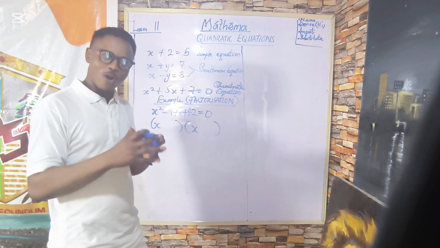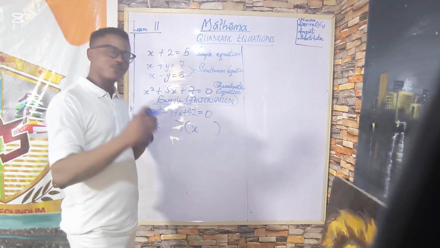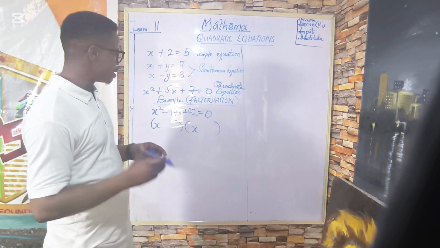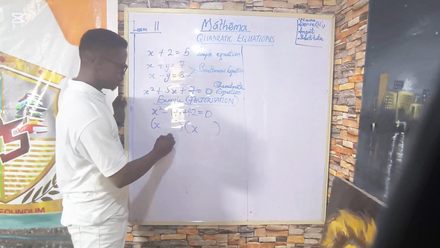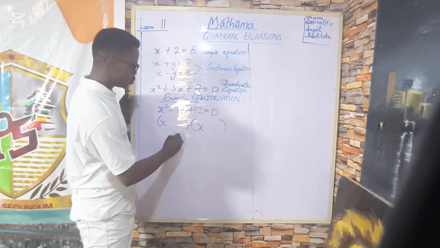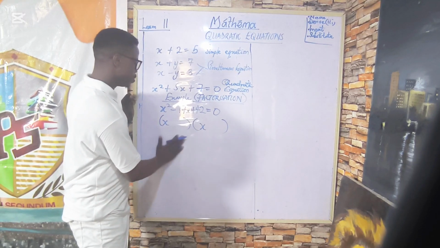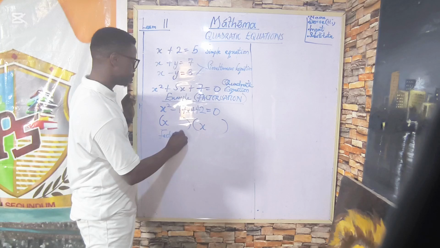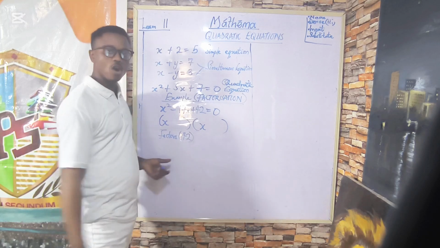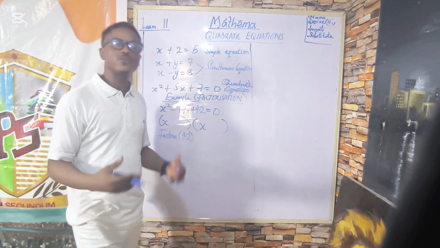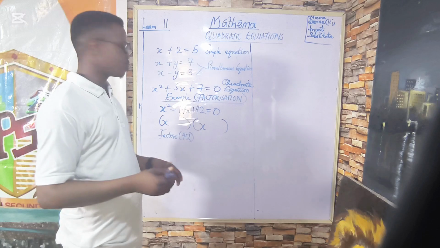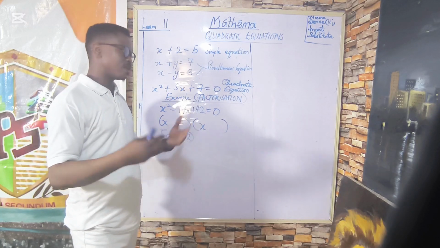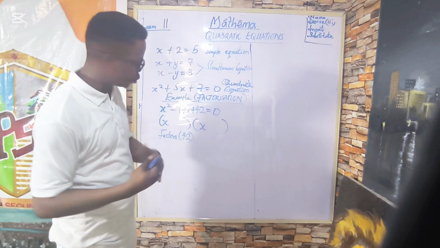We're going to be looking for two numbers that can give us the number 42. We're going to be writing out factors of 42. The factors of 42 are simply numbers that can divide 42 without remainder, numbers that you can multiply to give you 42 as well.